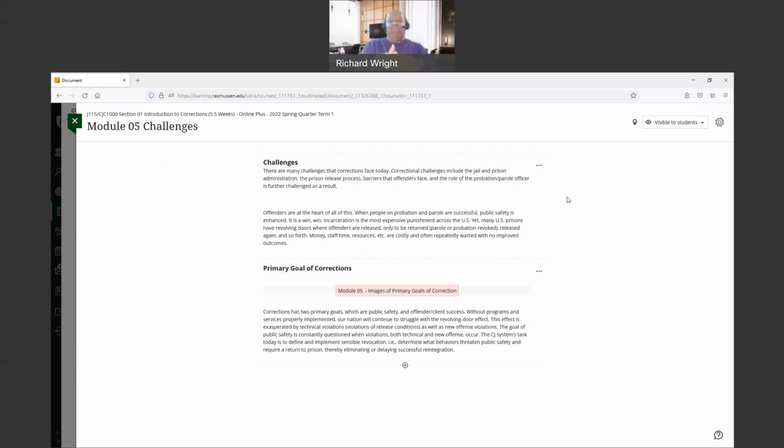And so remember, though, the goal is not to try to send a person to prison or to jail for technical violations, unless it's quite clear that that individual has not learned or does not appreciate the liberties that they have. And in that instance, you have no other alternative but to send them to jail or prison.